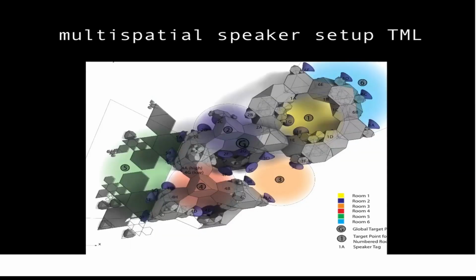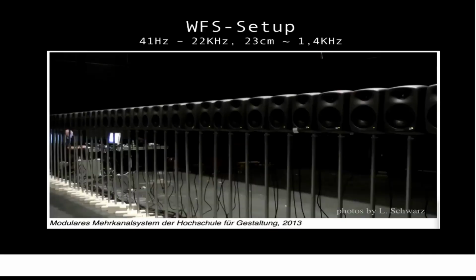The multispatial speaker setup of The Morning Line is composed of 6 different spatial rooms, acoustic rooms with various spatialization technologies. To experiment with different audio projection techniques, we set up the speakers as a wave field synthesis system.